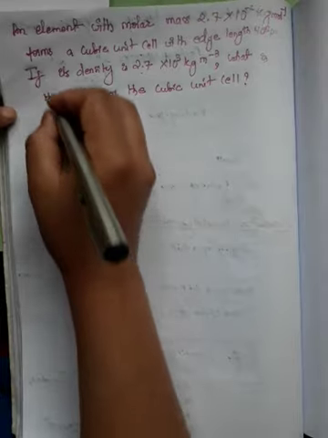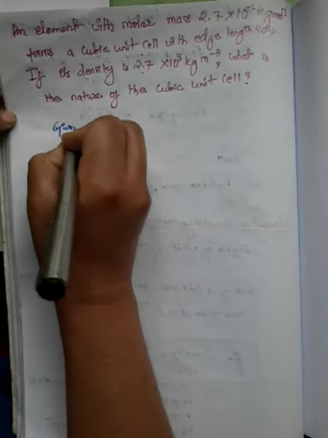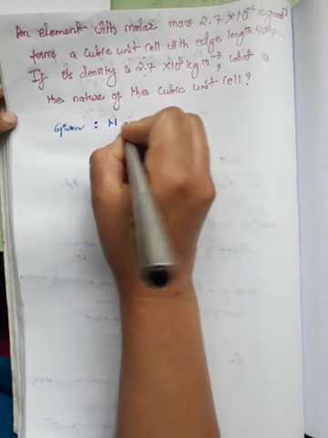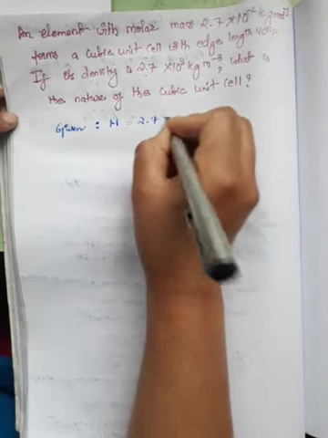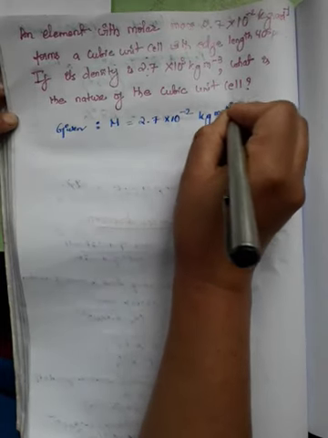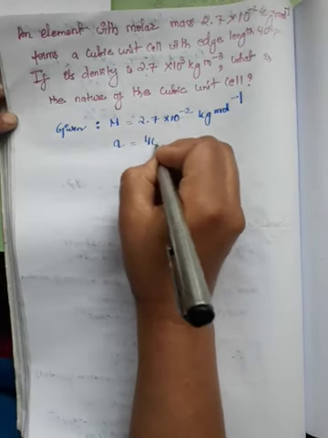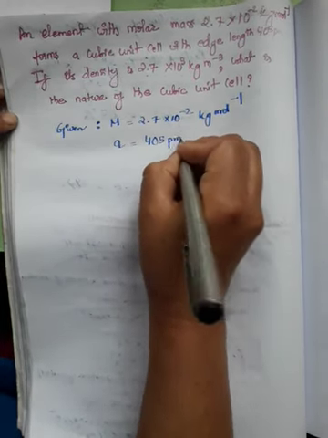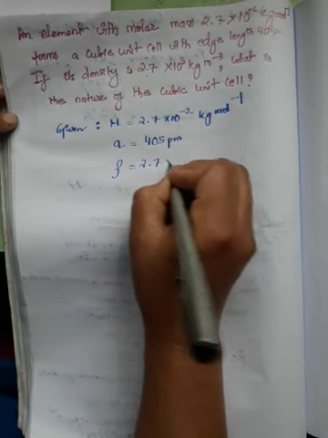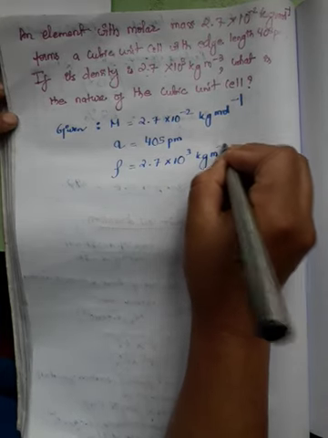Now what is given in the numerical? First write down all the given part. Molar mass capital M is given, it is 2.7 into 10 to the power minus 2 kg per mole. Then edge length is given, it is 405 picometer. Then density is given, rho is 2.7 into 10 to the power 3 kg per meter cube.